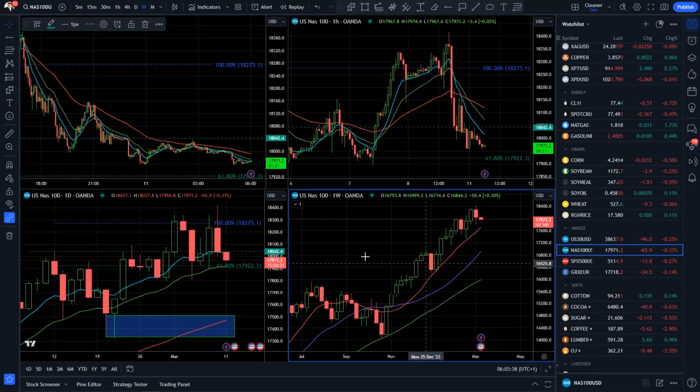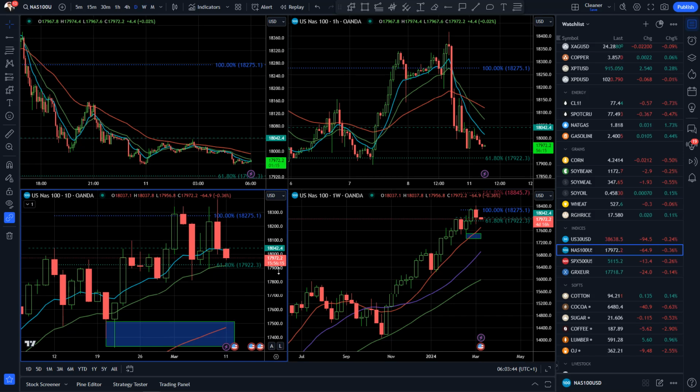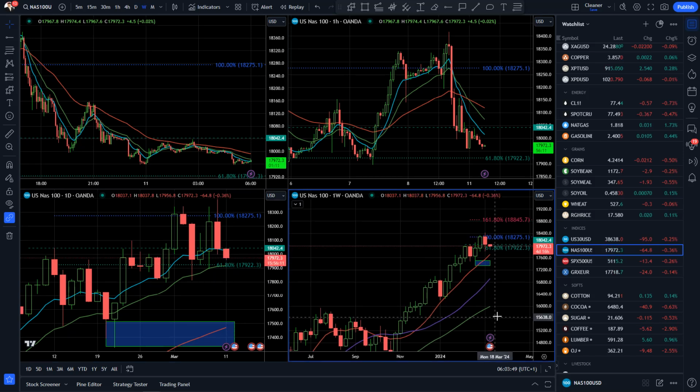And NASDAQ 100, we had a down day, such a reversal day on Friday, and we are trading now below the 10-day moving average, but overall this extended move since mid-November on the weekly time frame, at some point this can be the area where we can see a potential topping formation, a sell-off even towards the 17,400 mark on NASDAQ 100.